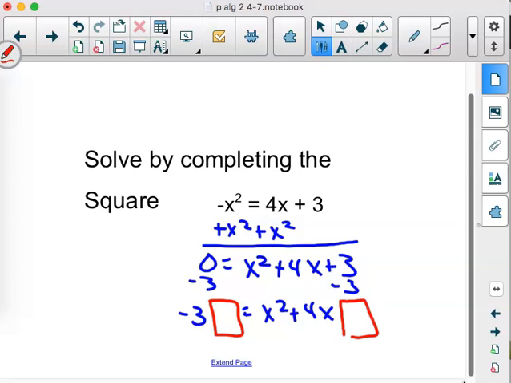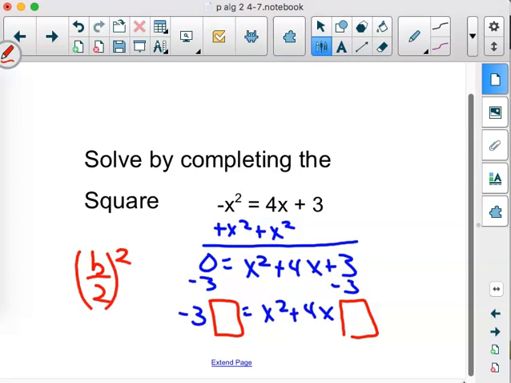And this is where you have to remember that cute little itsy bitsy formula so that you know how to find that number. So can somebody unmute, please, and tell me what that cutesy little formula is? B over 2 squared, it is.